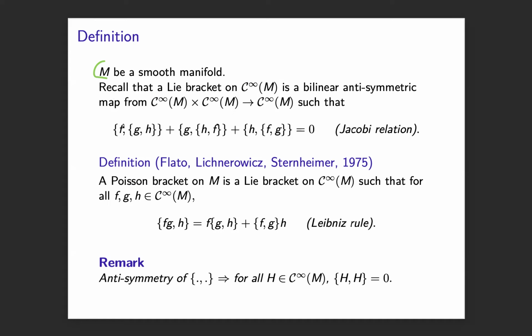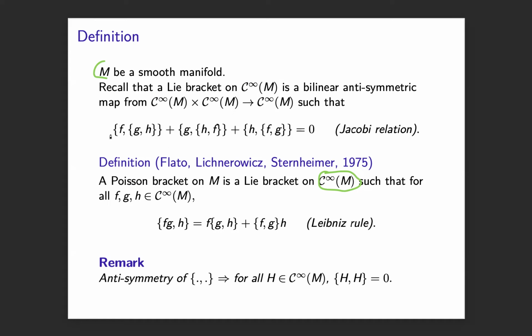And then a Poisson bracket on M is a Lie bracket on the space of smooth functions on M. A Lie bracket is a bilinear antisymmetric map from C infinity of M times C infinity of M to C infinity of M, such that the Jacobi relation is verified.